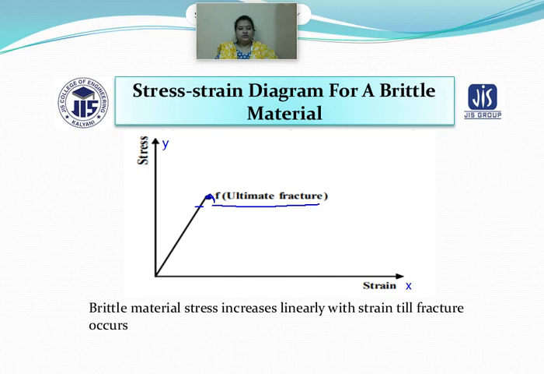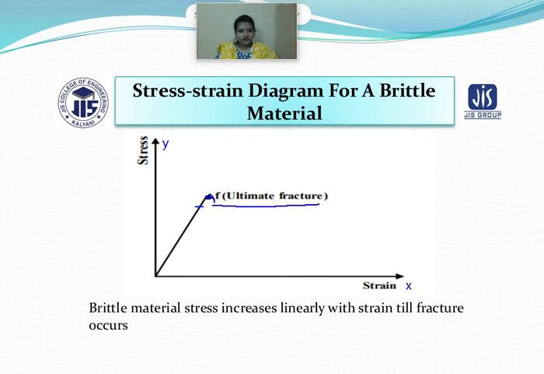So this is the portion of the stress strain diagram for brittle material, and you can see that stress is there, strain is there. An important factor for this diagram for brittle material is that stress is basically increasing linearly with respect to strain unless and until fracture occurs.